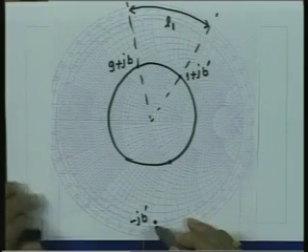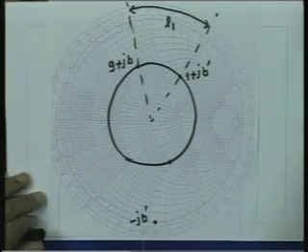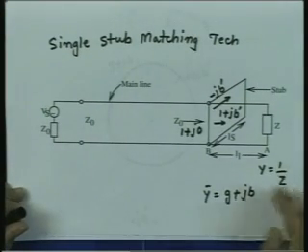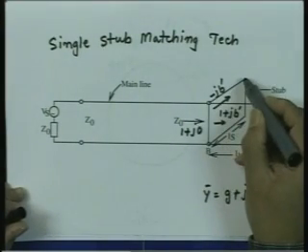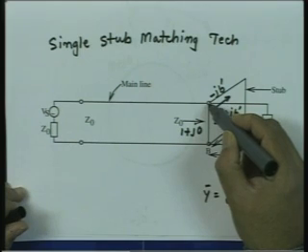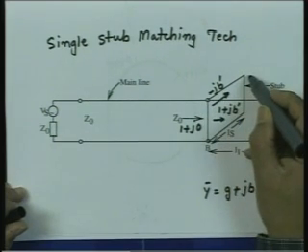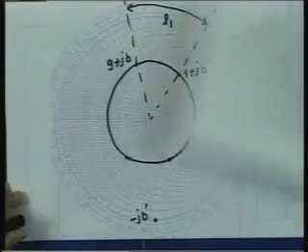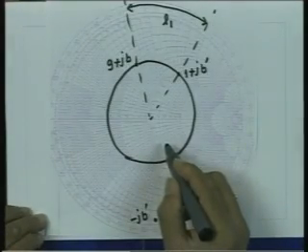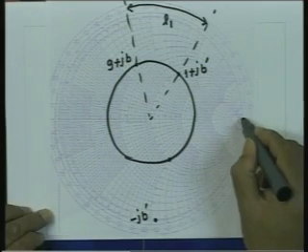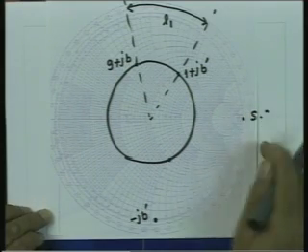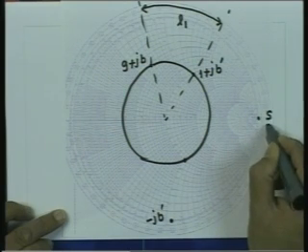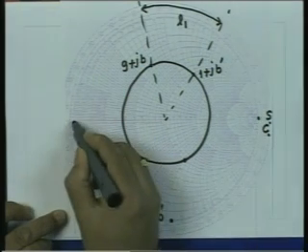Now, to realize this susceptance from a section of transmission line, as we have seen earlier, this susceptance can be realized by a length such that if I move from this point away from the generator, I must reach the short circuit point. Remember, now we are using the Smith chart as the admittance Smith chart. So, this point is the short circuit point, and this point is the open circuit point.